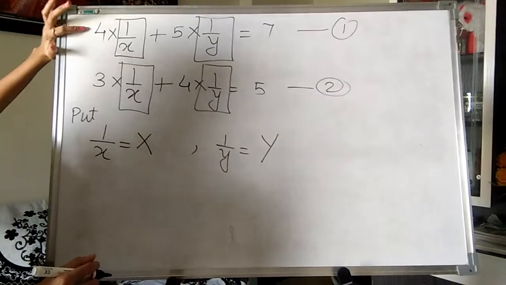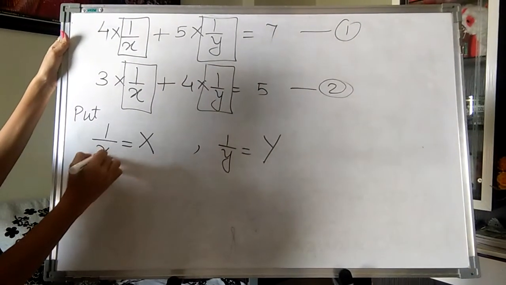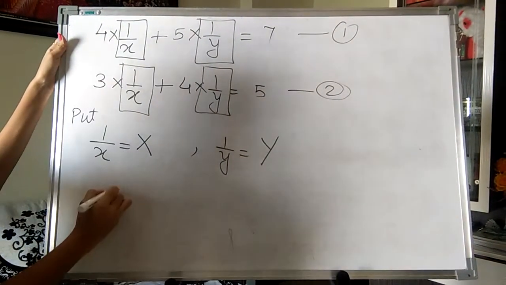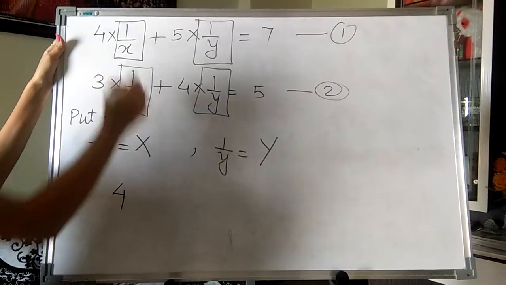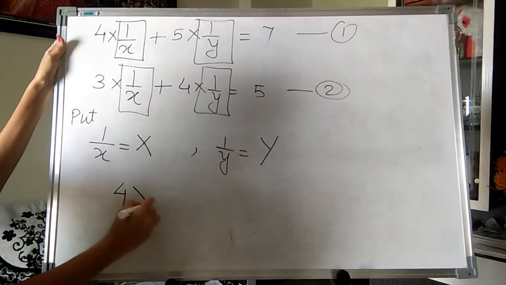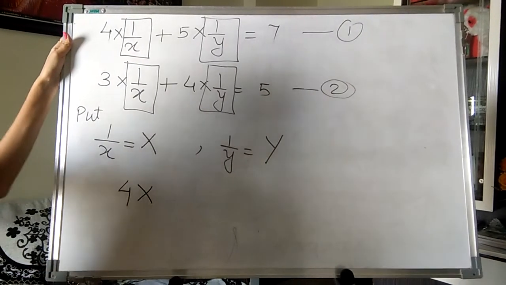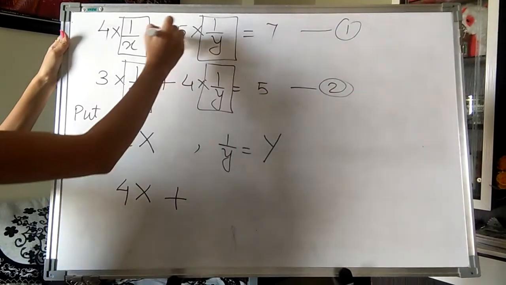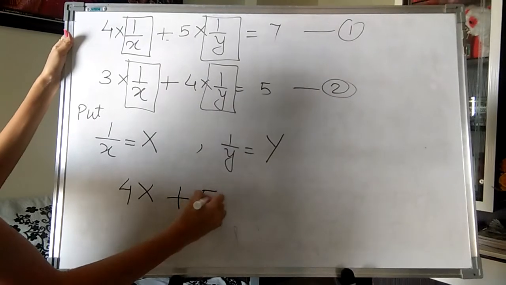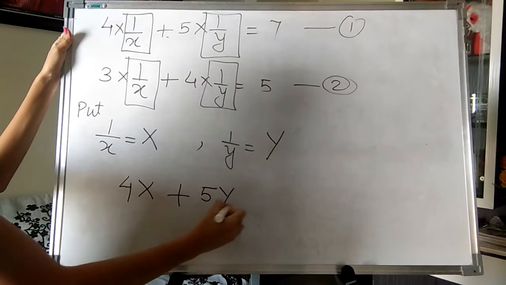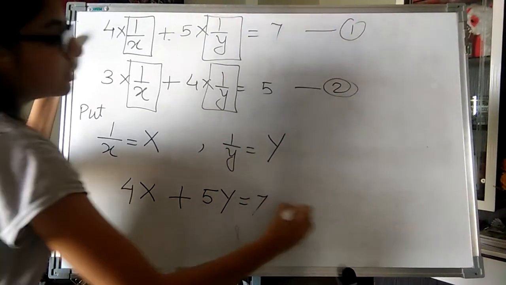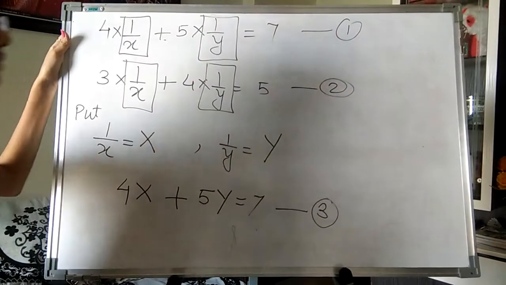Consider the first equation. We are putting 1 upon x as capital X. So 4 remains as it is, into capital X, because 1 upon x becomes capital X. Plus 5, and 1 upon y put as capital Y. So it becomes 5 capital Y is equal to 7. This becomes your equation number 3.